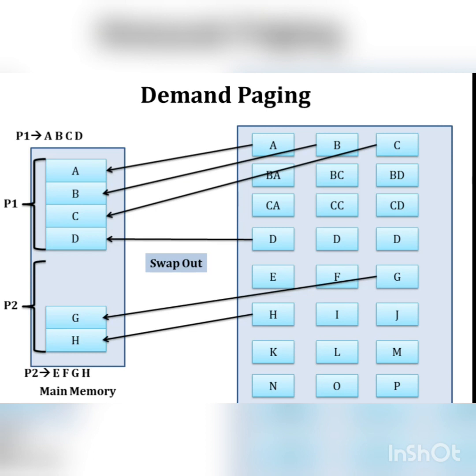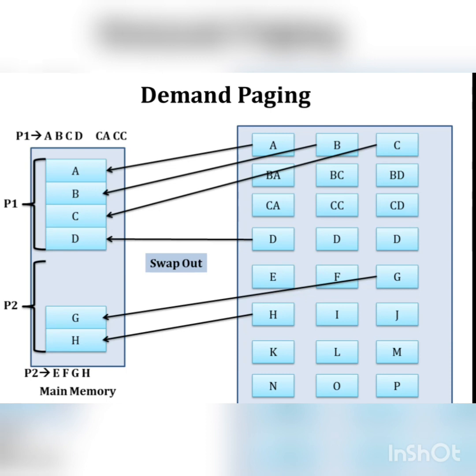In swap out, the pages that are free or idle in the main memory are swapped out into the secondary memory. Our requirement is C, A and C, C, so for this purpose we need to swap out E and F into the secondary memory.